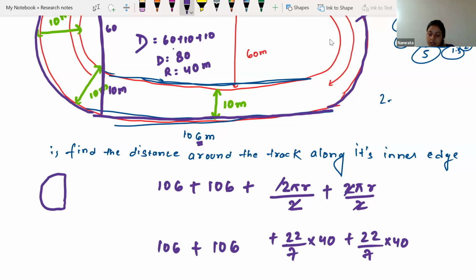Let me check what the second part is. The second part is asking, just a moment.